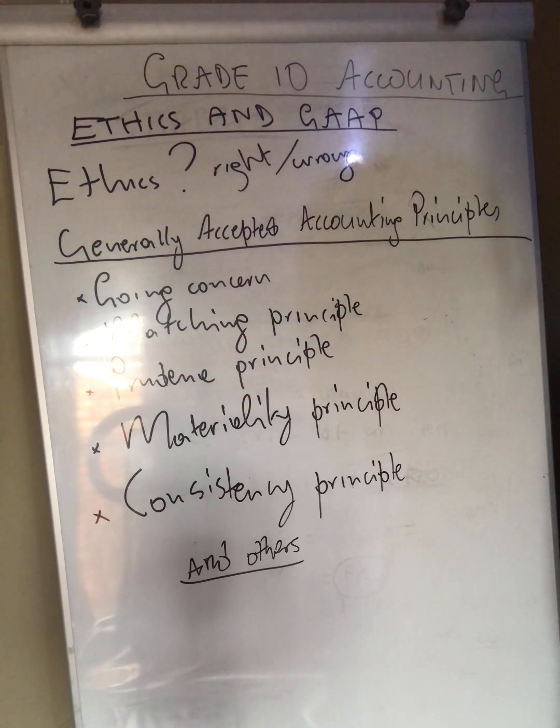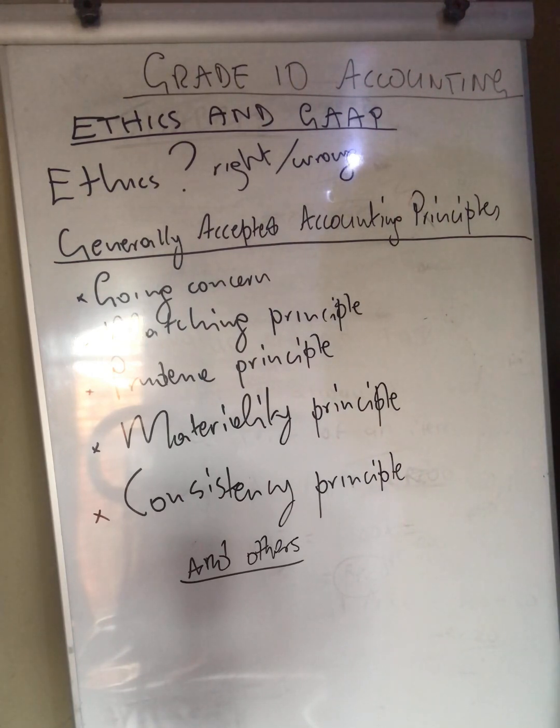Now, not only is this a lie about our financial standing, but this also misleads our users of financial statements, in a sense that, remember, we have your investors, we have your lenders, we have your customers, we have your shareholders or your owners. So now, if our accountant says we made a profit whereas we made a loss, they are creating a false impression about the financial standing of our business.